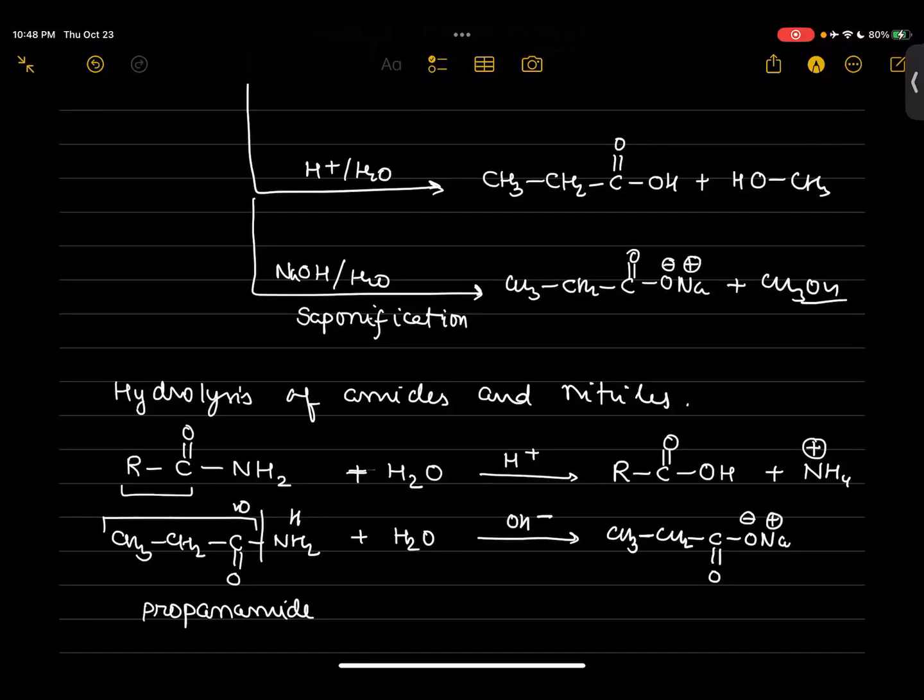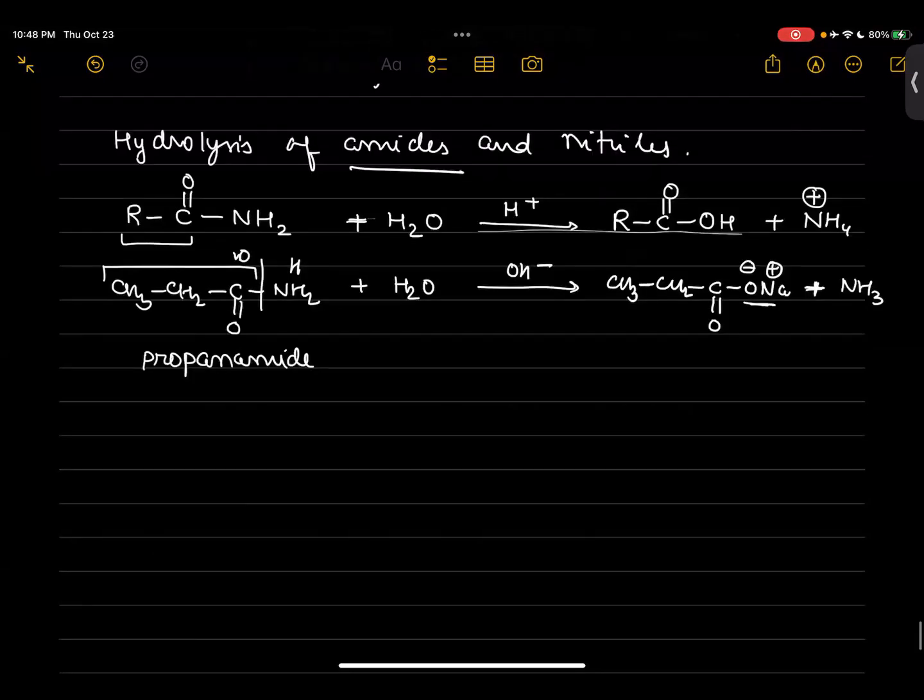Got it? And NH3. In basic medium, you are not going to get the acid, but the sodium salt of the acid. This is the hydrolysis of amide.